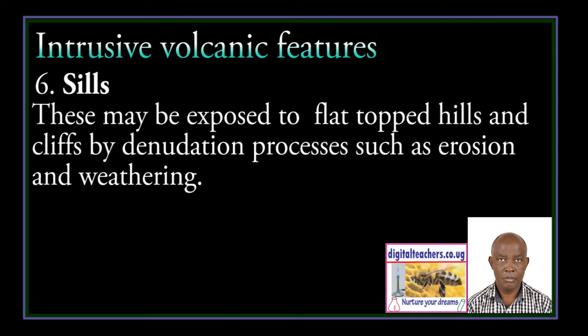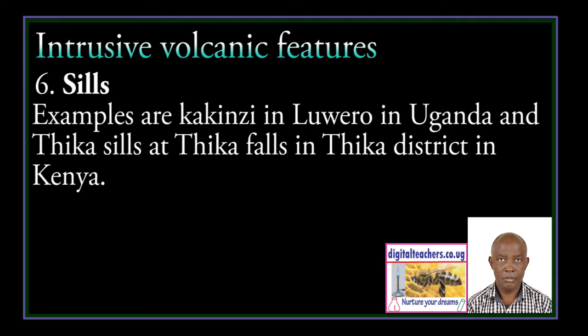These may be exposed to form flat-topped hills and cliffs by denudation processes such as erosion and weathering. Examples are Kakira sills and Fincha Sills at Fincha Falls in Fincha district.